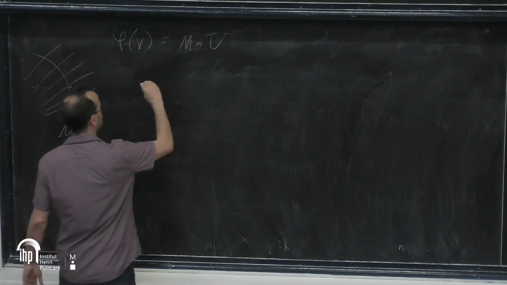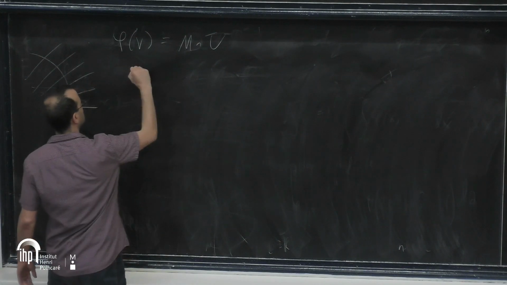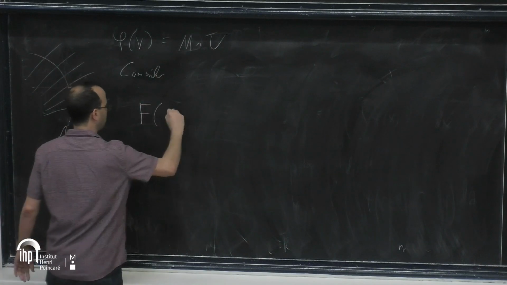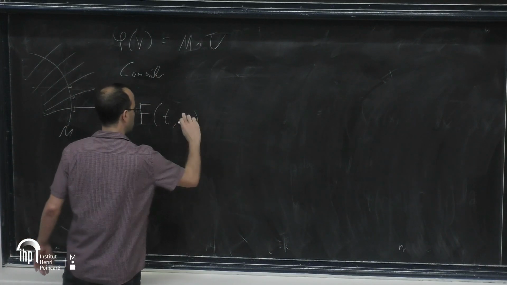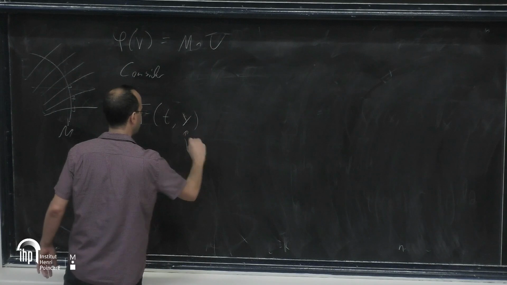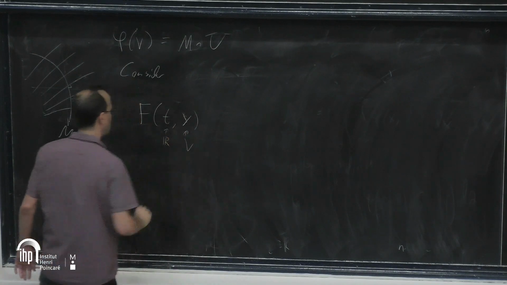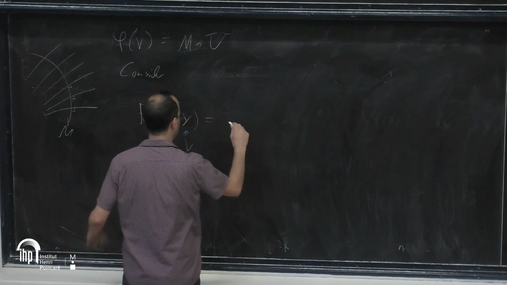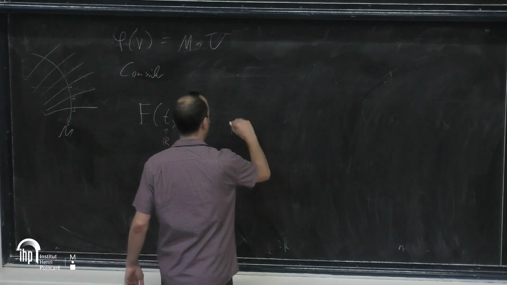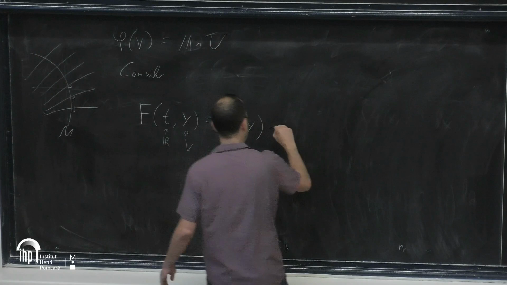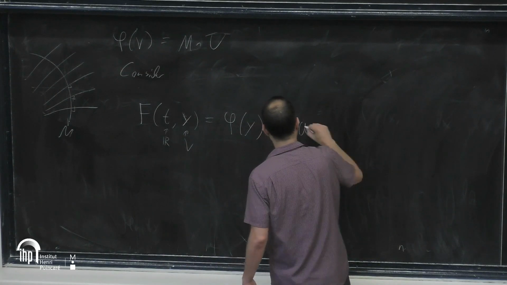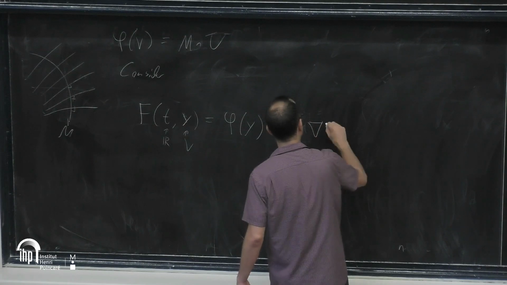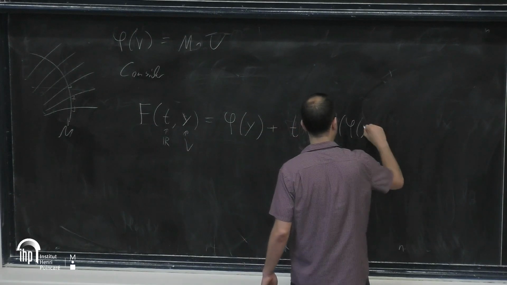I look at f of (y,t), where y belongs to this V and t is in R. Okay, so I totally gloss over regularity issues, but I look at phi of y plus t times the gradient of u at phi of y.